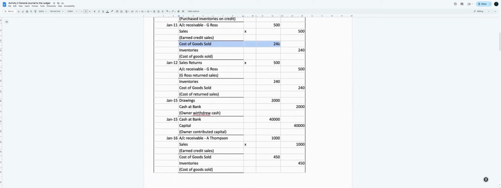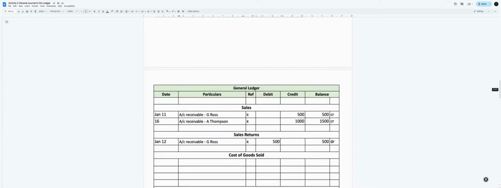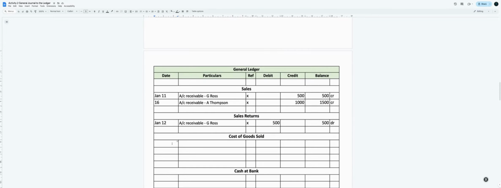January 11, 240 debit. We can put straight over into the balance column 240 DR. But what do we write in the particulars again?